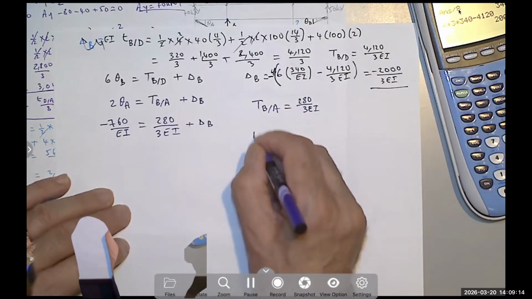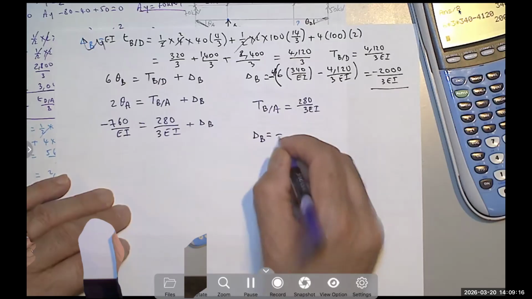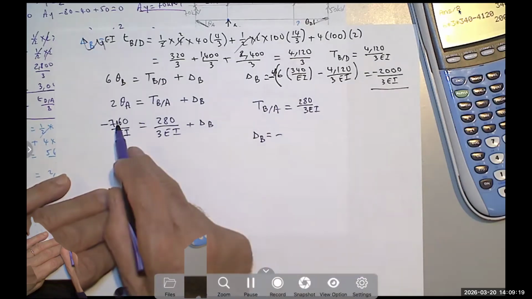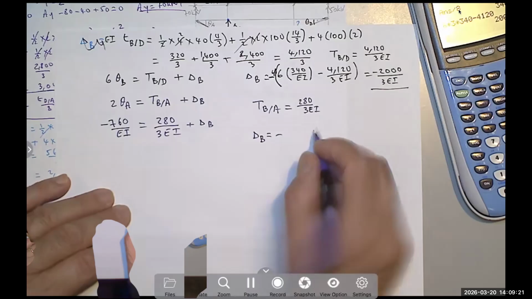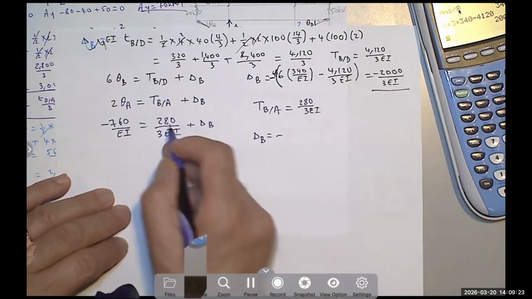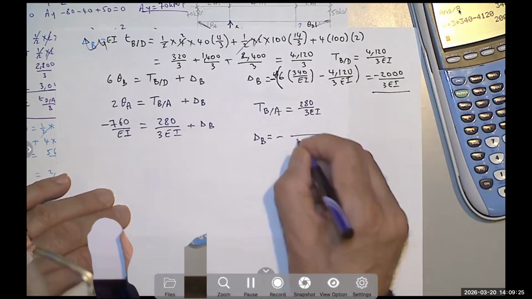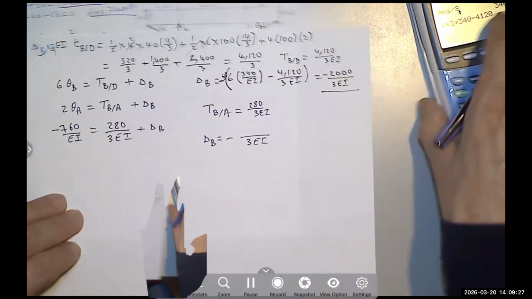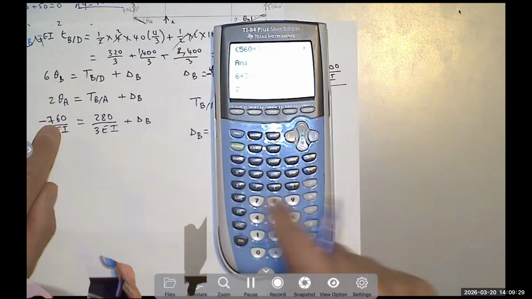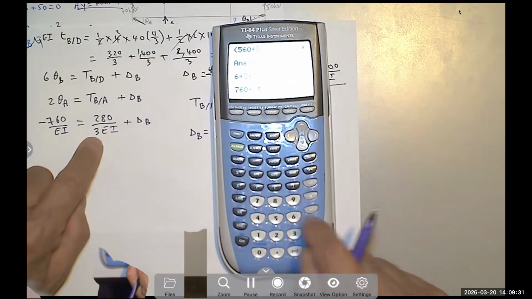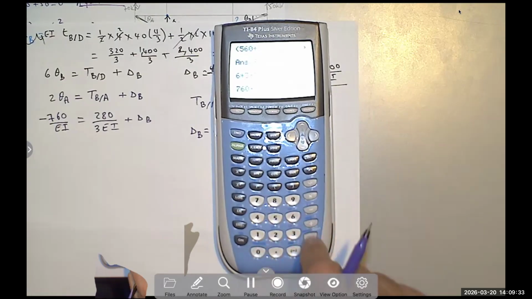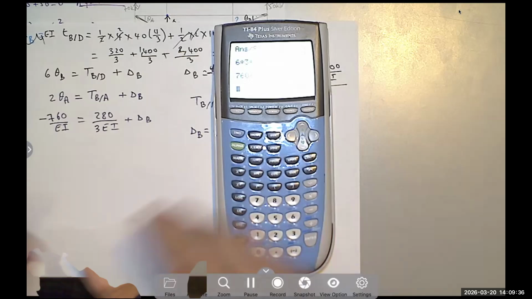So delta B equals negative. I'm going to multiply this by 3 and add it to that. Notice both would be negative when I move this to the other side. So it's negative over 3 EI. Multiply 760 times 3 and then add 280. Oops.